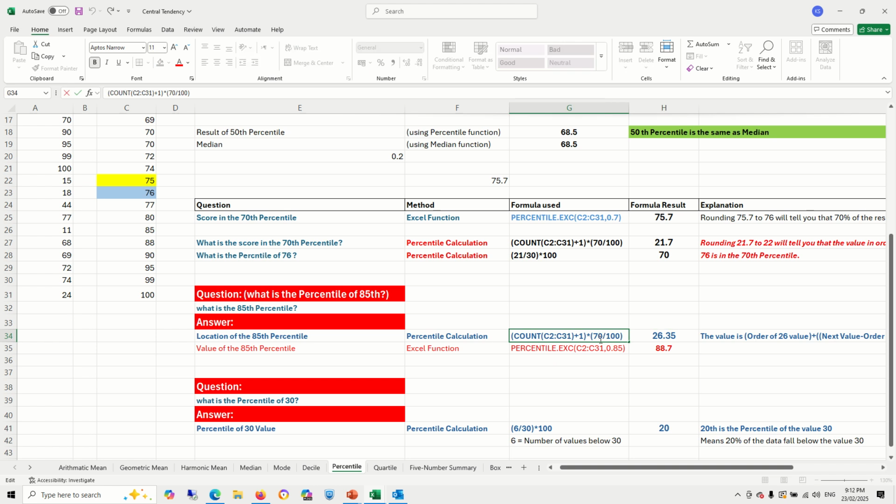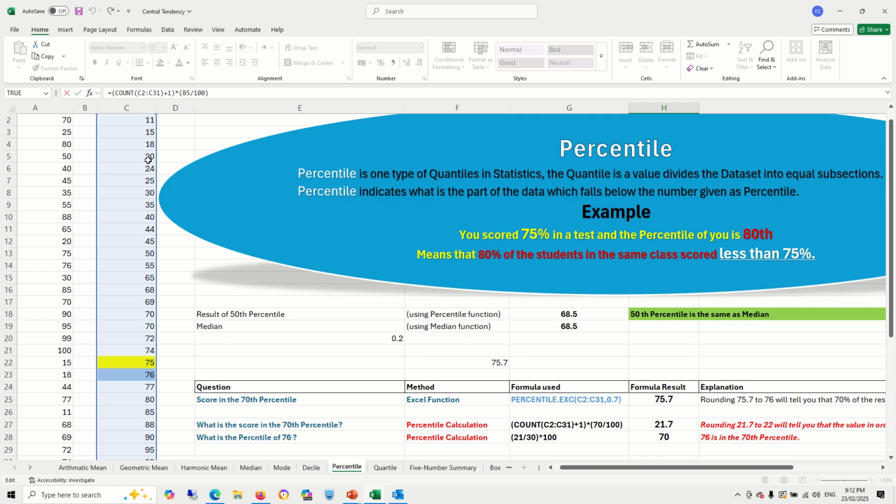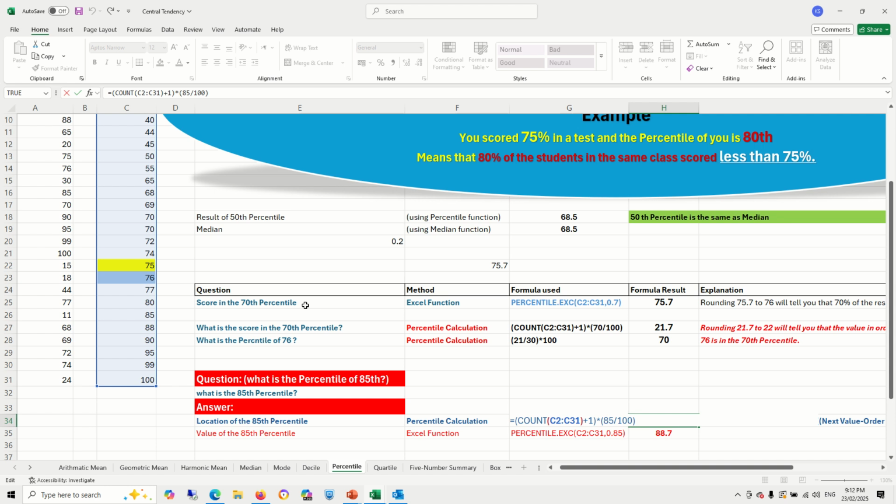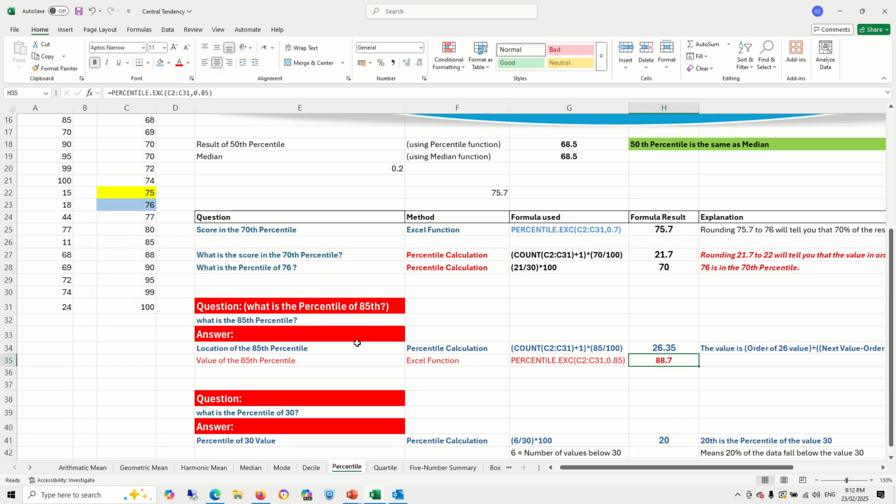Sorry, this one is not 70, it is 85. You just mistyping, so it is 85 for demonstration, and the formula is correct. Look at the formula. It is showing you count how many cells plus 1 multiplied by 85 divided by 100. So it is giving us 26.35.